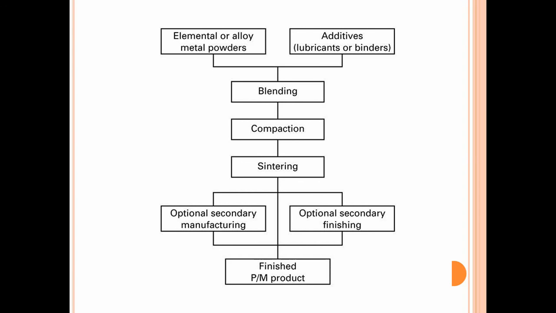It is one of the optional finishing steps or optional manufacturing steps. There we can see plastic impregnation or oil impregnation can be used. You can see the number of optional finishing operations we use before we get to the finished product. These are some basic steps involved in the powder metallurgy process.